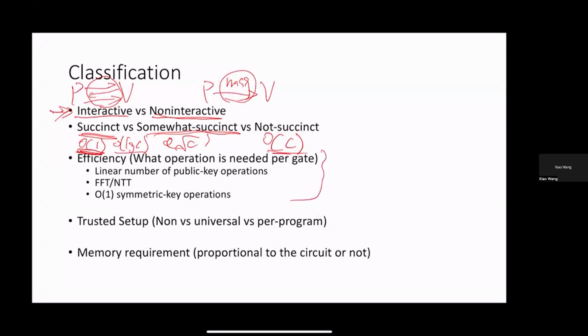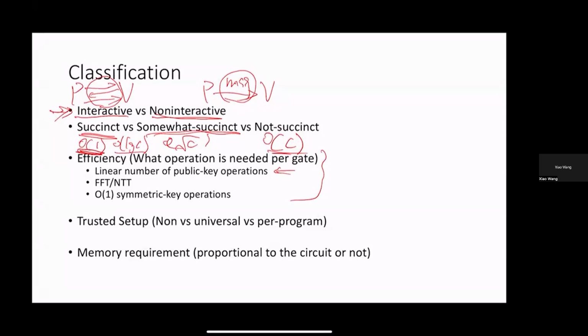In terms of efficiency, I usually categorize it into three levels of operations. The first one is protocols that need a linear number of public key operations with respect to the circuit size.